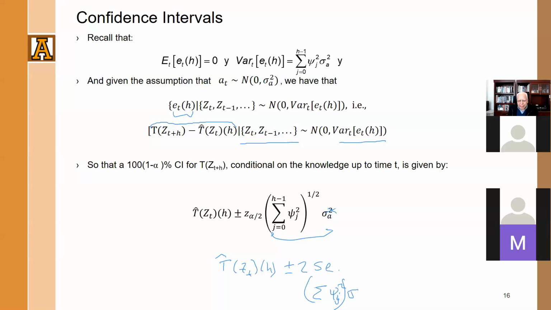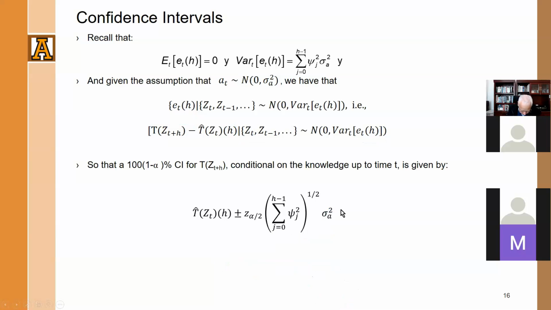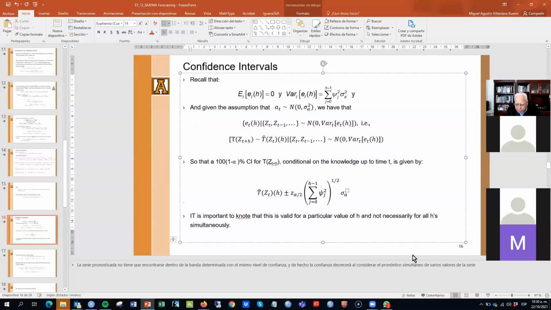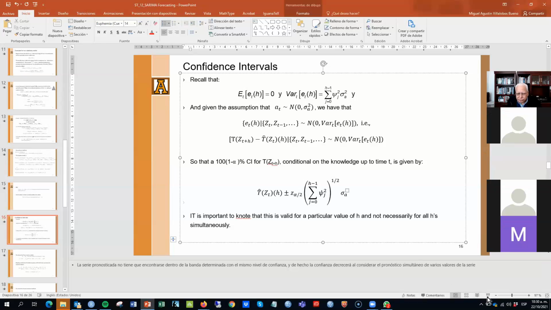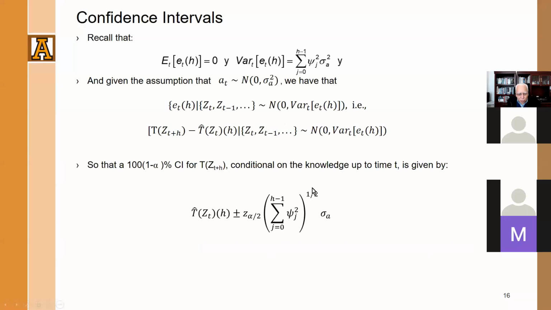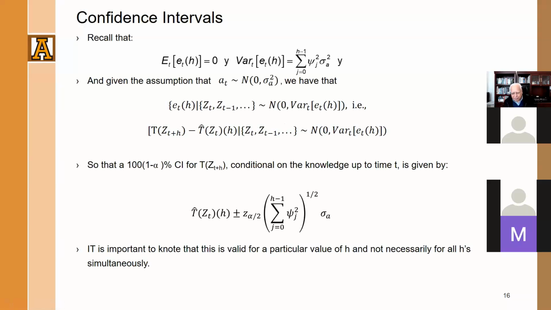Now, if you look at this expression here, one thing becomes clear: the larger h is, the wider this confidence interval is going to be.